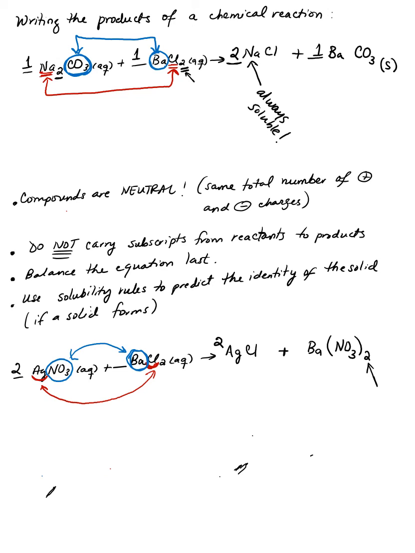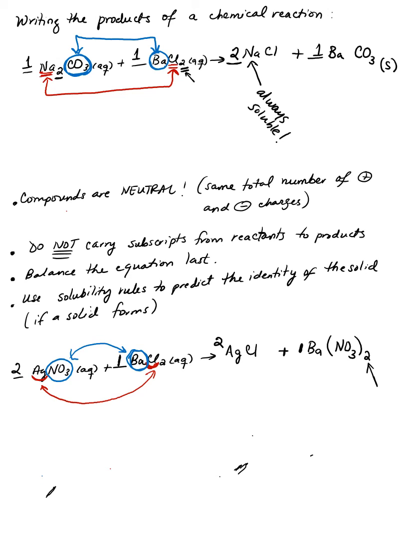And then your barium, it's just 1. So you have 1 on the reactant side, 1 on the product side. You don't need to change anything in front of BaCl2, and you don't need to change anything in front of barium nitrate either. That coefficient remains as 1. So you're writing your products, you're balancing the equation, and then the last thing you have to do is check if a solid is forming.